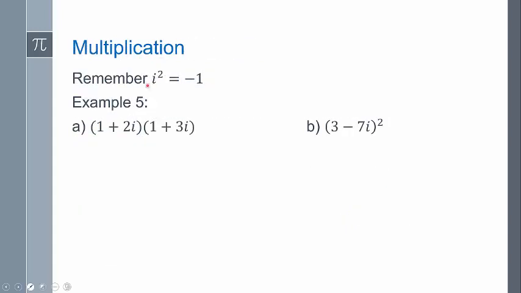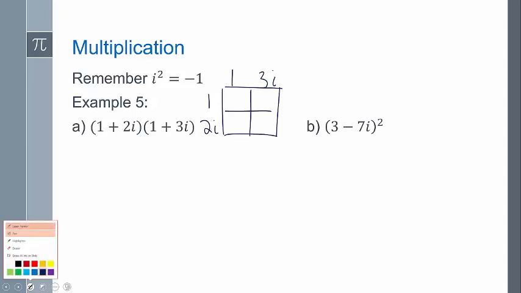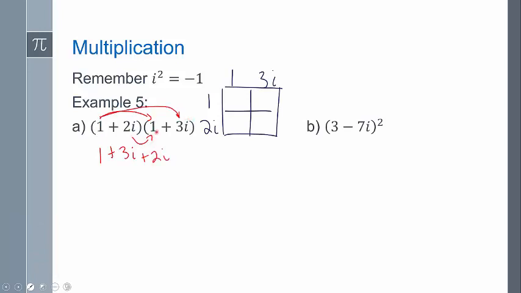To remember, if we multiply and if we ever get an i squared, just know that it's negative 1. So when I distribute this problem here, 1 times 1, I know some of you guys are used to writing everything in the box. So 1 and 2i, 1 and 3i, and you guys multiply that together. That's fine. So 1 times 1 is 1, 1 times 3i, 2i times 1, 2i times 3i.